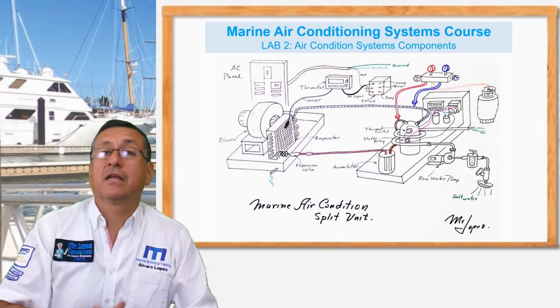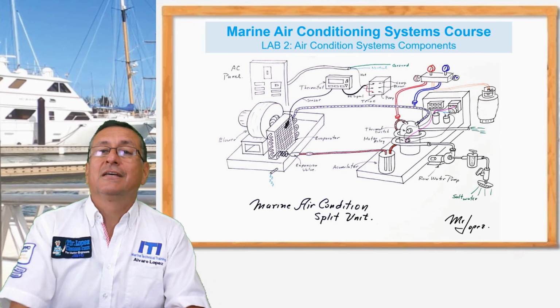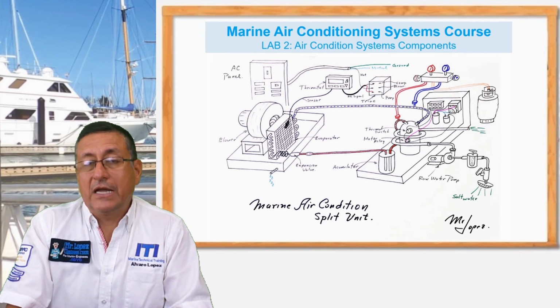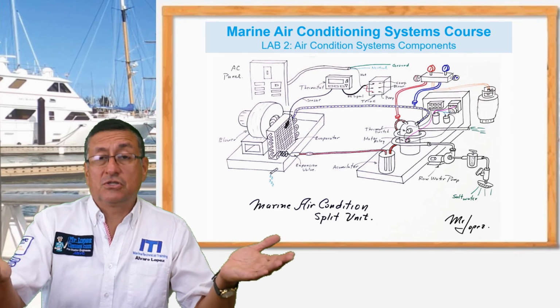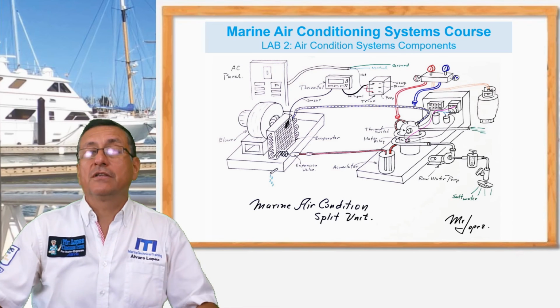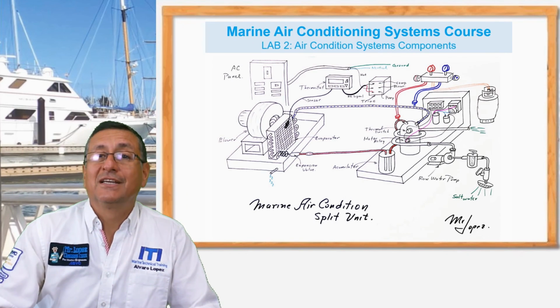We are going to talk later about troubleshooting, but this is the typical situation, and the electrical components of the air conditioning system are not complicated, and I want you to be familiarized with those components and with the use of the tools.